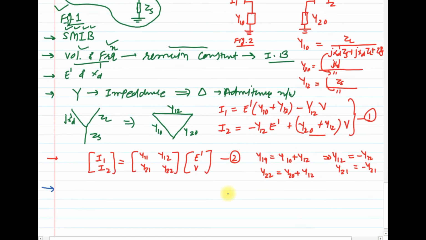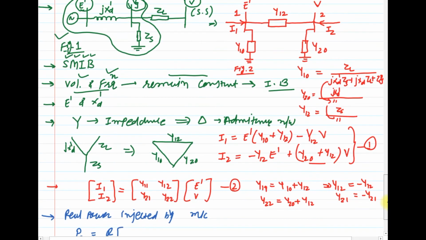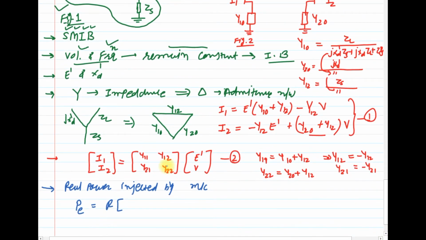The real power delivered by the generator into the system is equal to PE, the real part of E dash into I1 star.